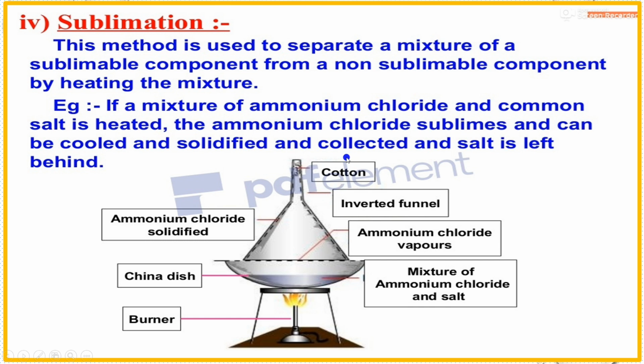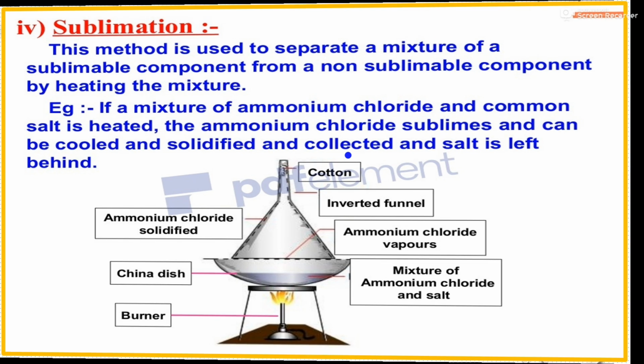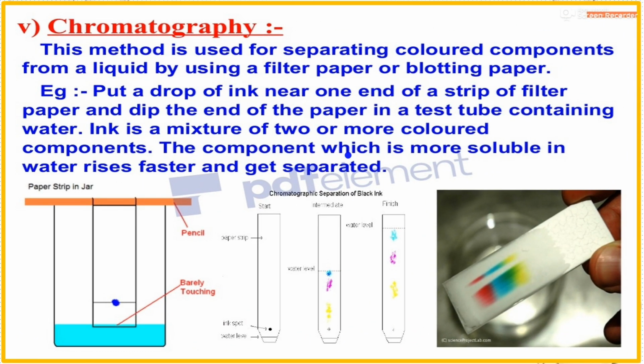Sublime means it will change into vapor state, and after cooling you can bring it back to solid form. You know what is sublimation? In the first chapter we have discussed it, right?